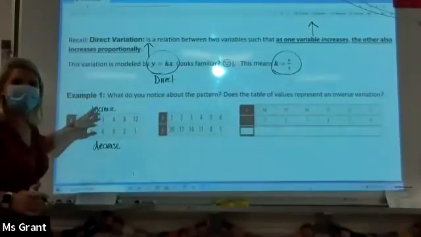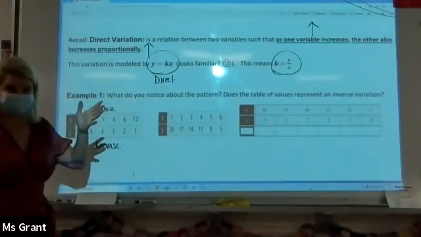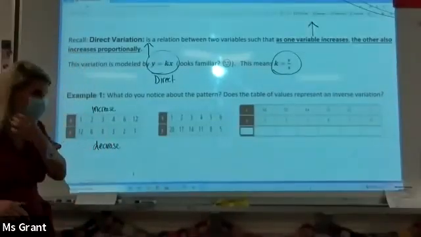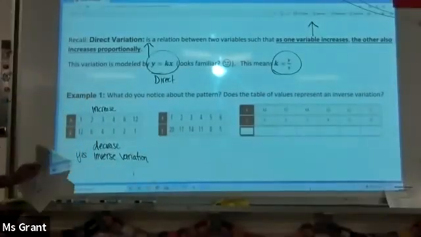Is this inverse variation? Is one increasing and one decreasing? Yes. Someone in Zoom, because I have heard from most of the kids in my class. Yes, inverse variation!